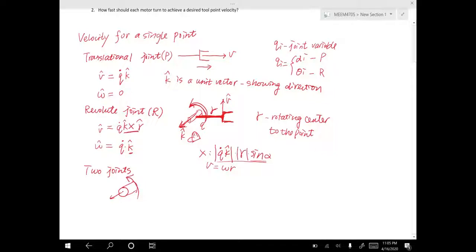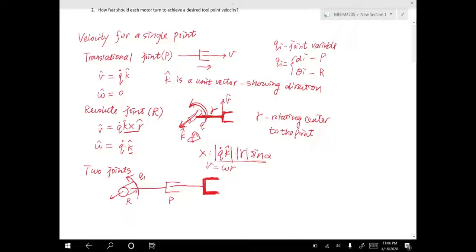We call this joint 1, so I call this q1, the joint variable, and in this case of course it's theta 1. This joint is connecting to a prismatic joint, so this is R and this is P, and the prismatic joint is connecting to an end effector, which is the tool.